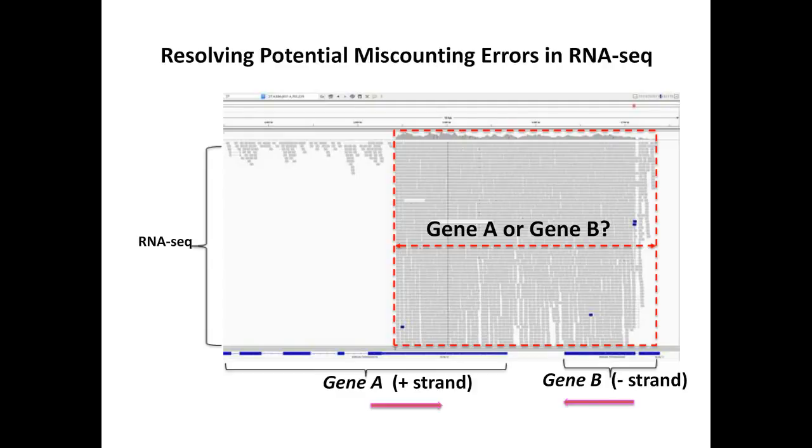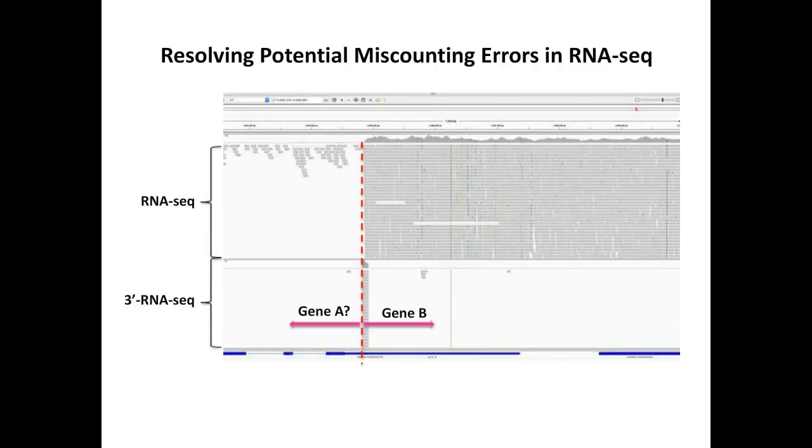But we used the 3' RNA-seq data to figure out where they belong. You can see here we have 3' RNA-seq data, and it is not very clear in this slide, but these reads have direction. It shows that the reads are going in this direction. So obviously all the transcripts mapping here belong to gene B.